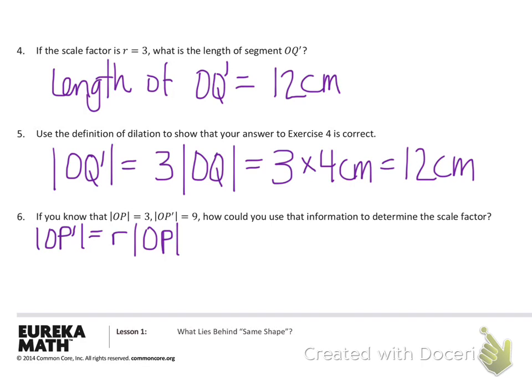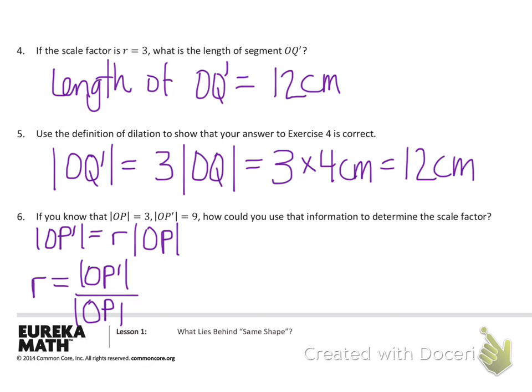And if we solve for R in this equation, notice if we divide both sides by OP, we're going to get that the scale factor is just the dilated segment length, OP prime, divided by the original segment length. Okay, so that's how we define scale factor.